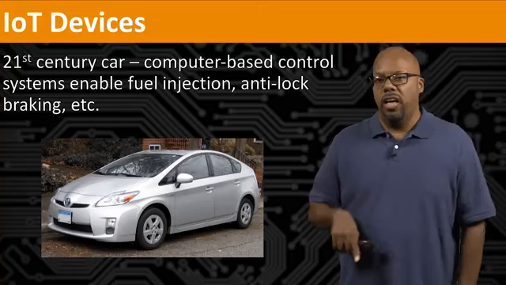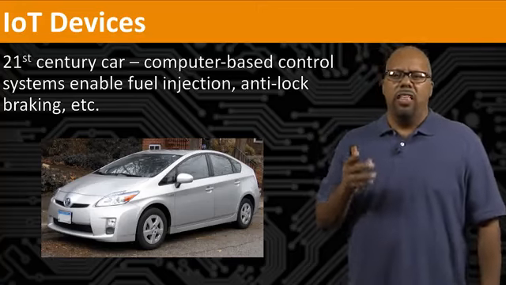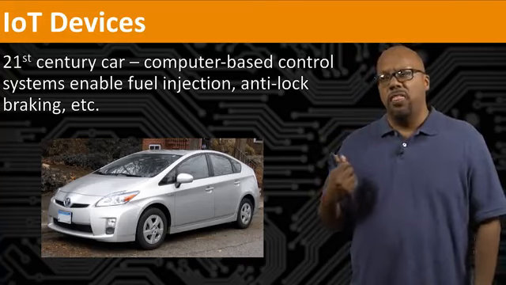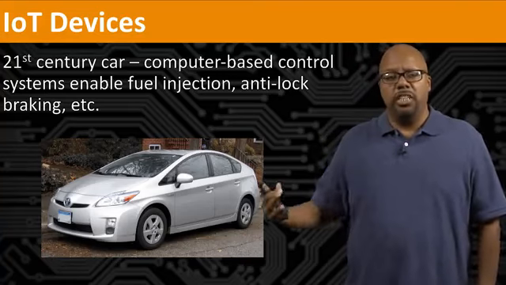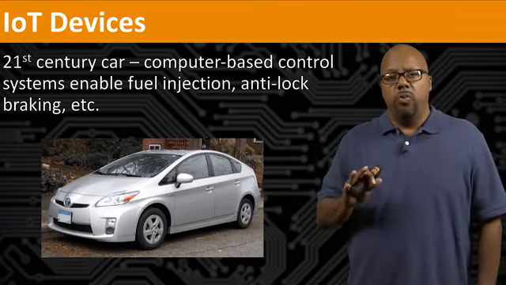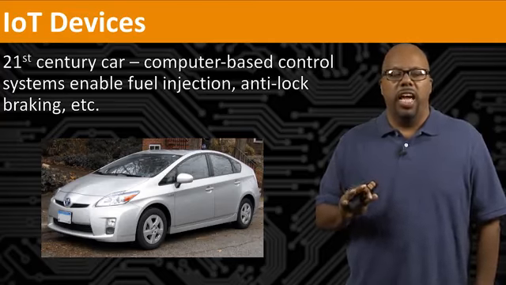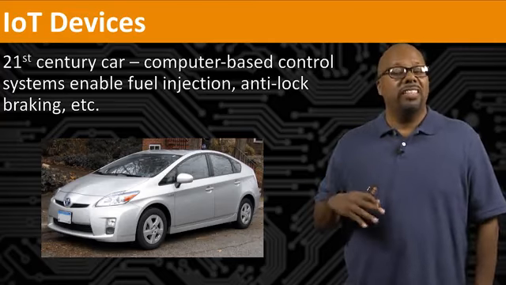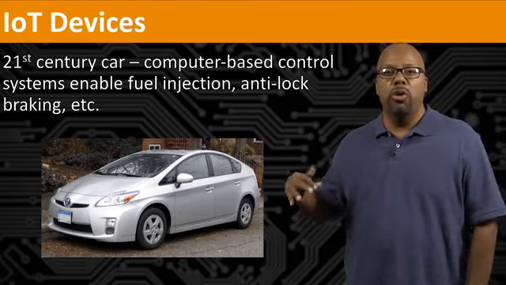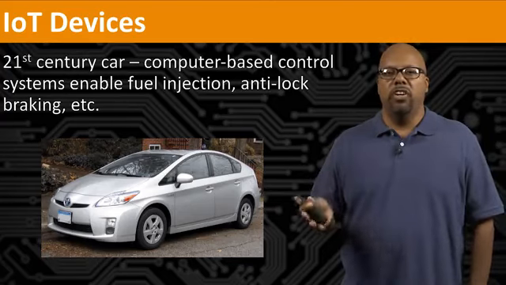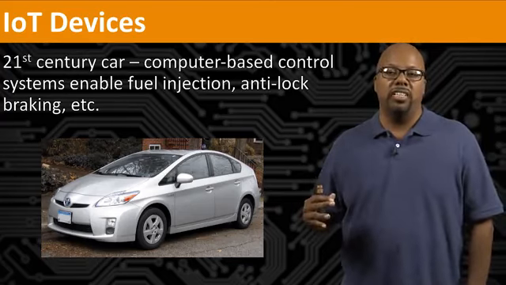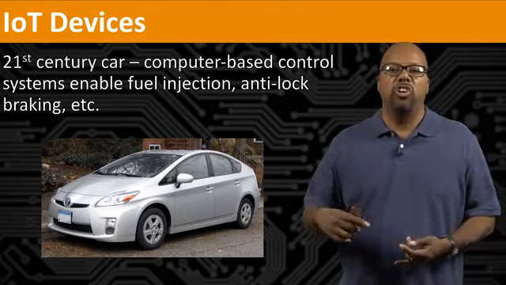Now, a typical car, this car that we're looking at right here, has computational intelligence. Whether or not it has networking is a different thing. These days, cars are having more and more networking. You may have heard of this in the news, but cars are networked. So you can, for instance, remote start a car, right?